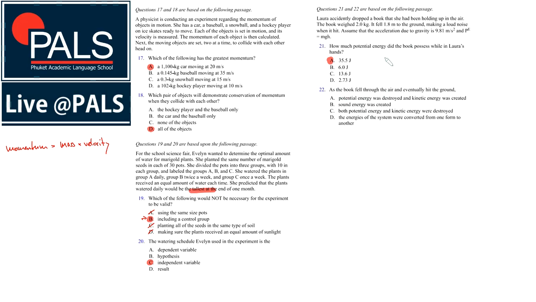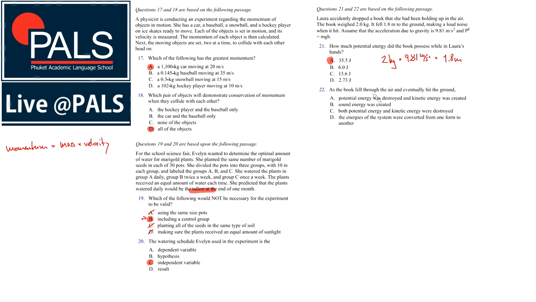The calculation that we're doing one more time is 2 kilograms times 9.81 meters per second squared times the height 1.8 meters, and that gives us gravitational potential energy.